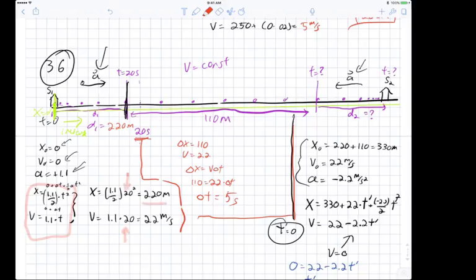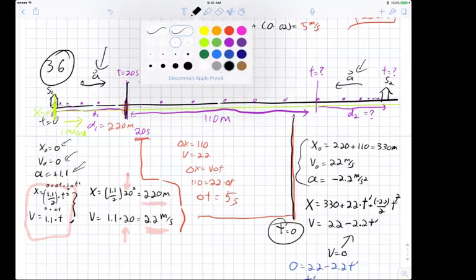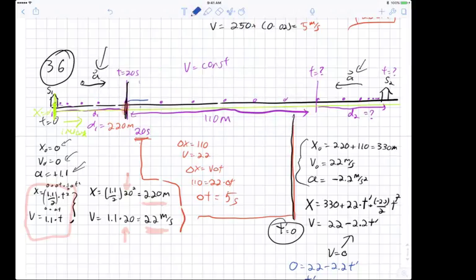So I can figure out that that is at 220 meters, and I can figure out that this velocity here is 22 meters per second.